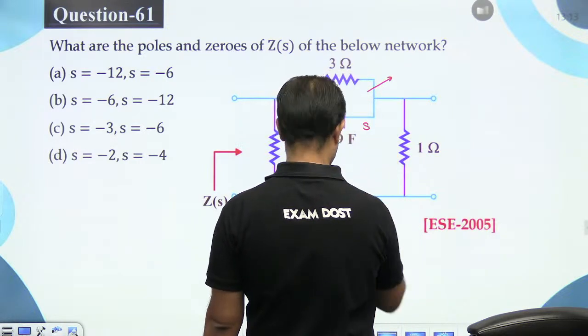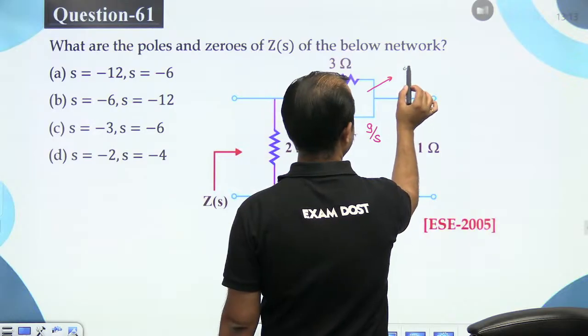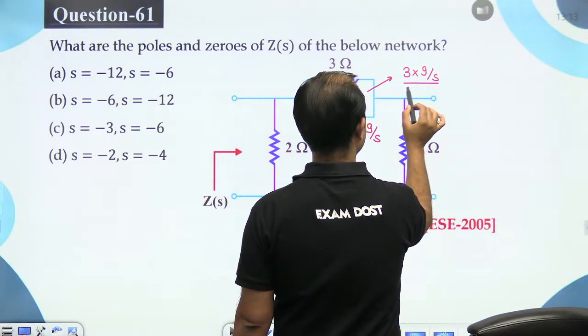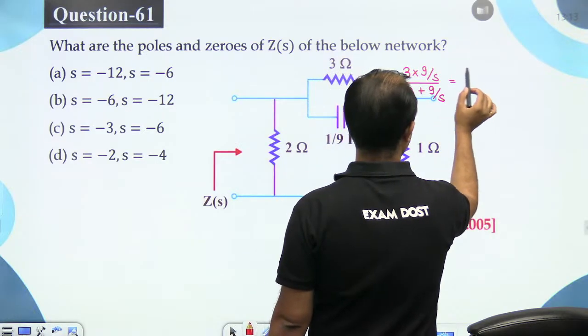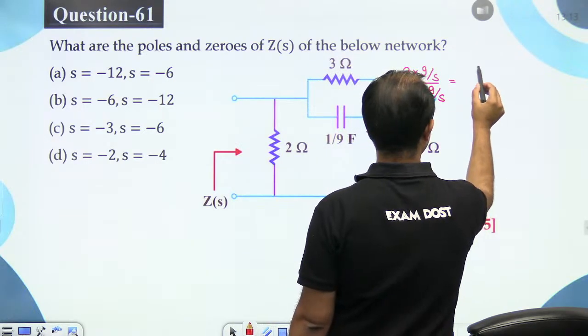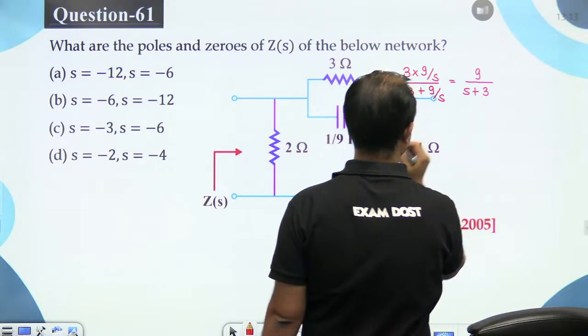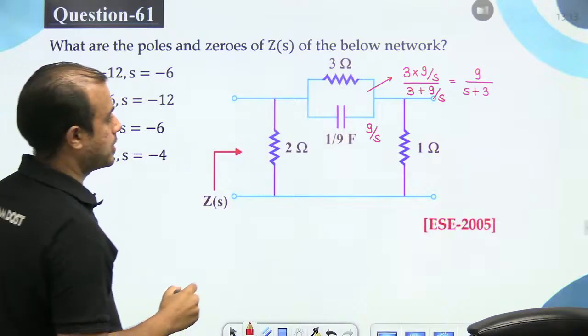So this will be 1 by SC, 9 by S. So take 3 common S downwards. 9 by S plus 3, 3S plus 9, 3 common, S plus 3. Okay.